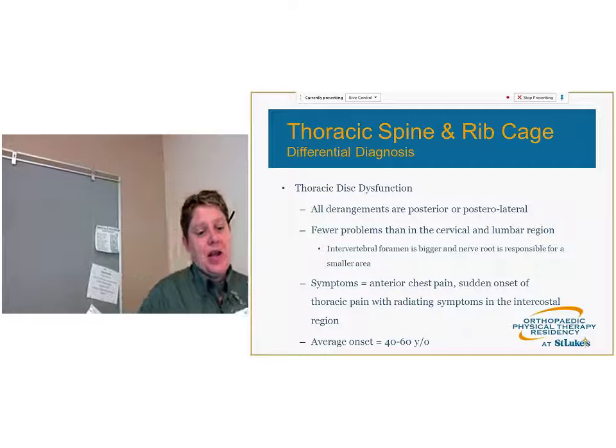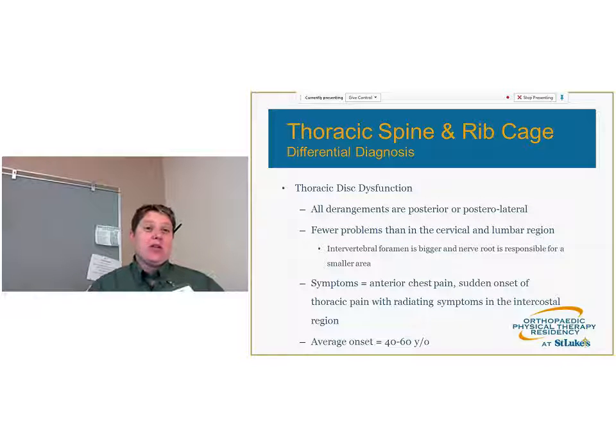And thoracic disc dysfunctions. We don't really think of that a lot. There are definitely fewer problems with thoracic discs as compared to cervical and the lumbar regions. But in the thoracic area, all derangements will be in the posterior or posterolateral directions just based on the anatomy. So they can easily be treated with an extension type treatment approach.